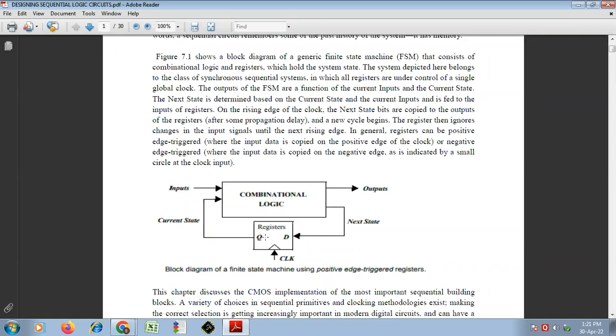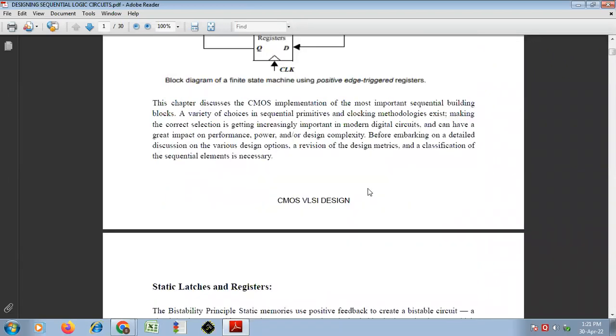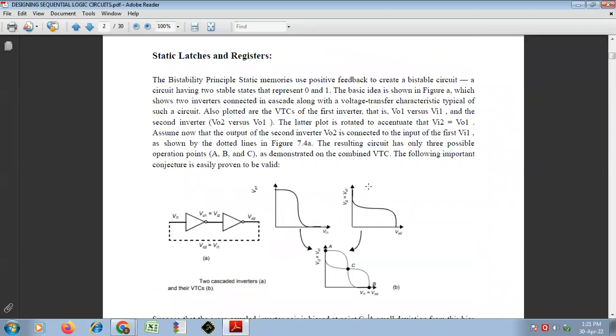This past state you don't require in combinational logic. It is required only in sequential logic, and that's the major difference: combinational logic doesn't require a memory element, whereas sequential logic requires a memory element. Am I right?